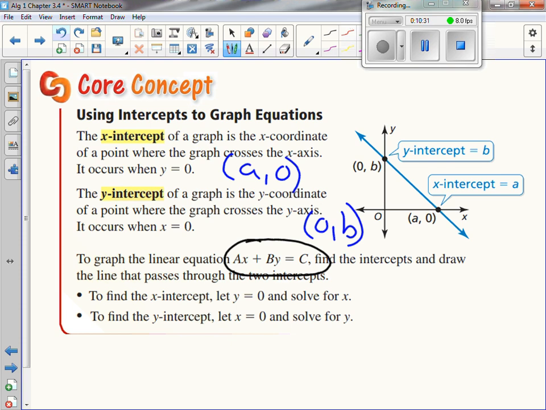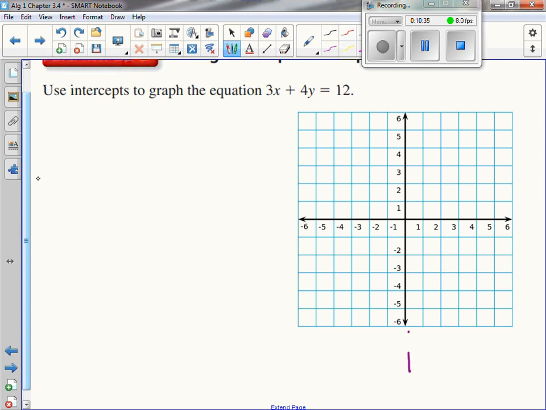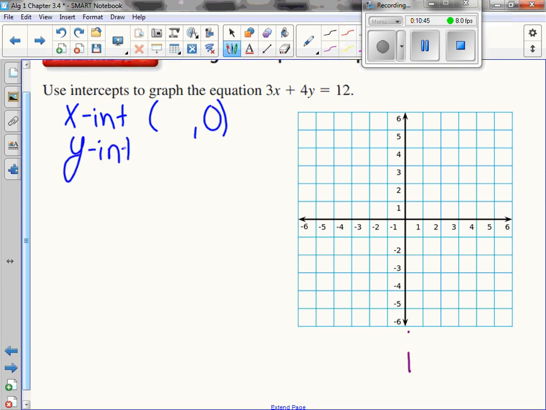And it'll make more sense here in a minute. So with this here, I want to find what they're going to call the x-intercept, where the y value is 0, and I want to find the y-intercept, where the value of x is 0. We're wanting to find these two here. So any questions on this here so far?